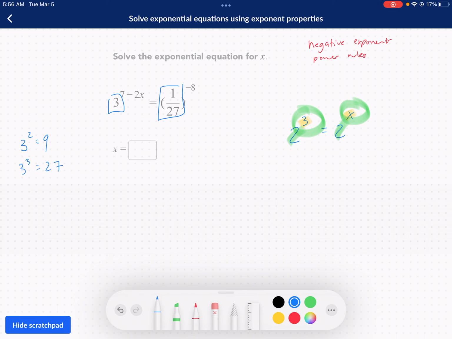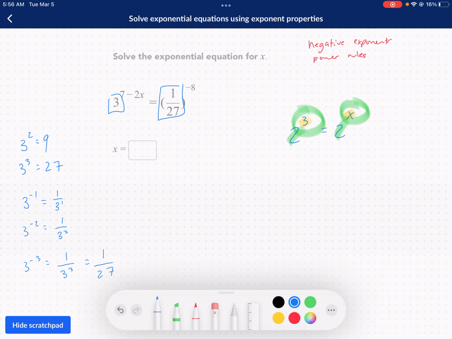So we're close there with 3 to the third power. However, you'll notice that 1 over 27 is not just 27. So we need to change this to a negative exponent. 3 to the negative 1 power is 1 over 3 to the first power. 3 to the negative 2 is 1 over 3 squared. And 3 to the negative 3 is 1 over 3 to the third power, or 1 over 27.